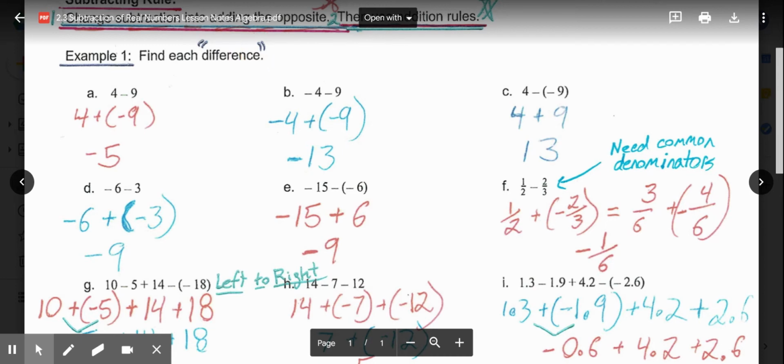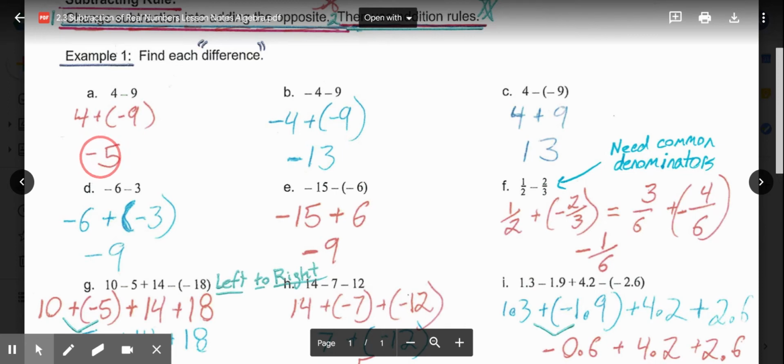So we are simply being asked to subtract. So in part A, like we already looked at, 4 minus 9, we change subtraction to adding the opposite. So it'd be 4 plus a negative 9.